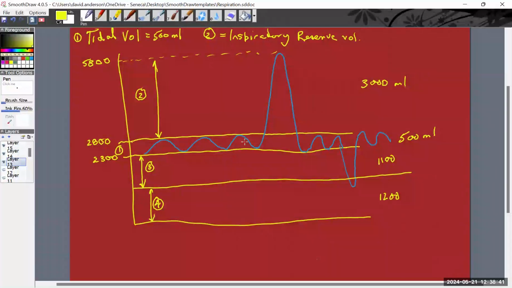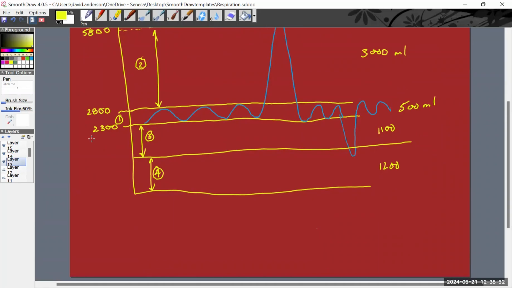Okay, so our inspiratory reserve meaning there's some extra. That's what number two represents. Okay, and number three is called our expiratory reserve volume.